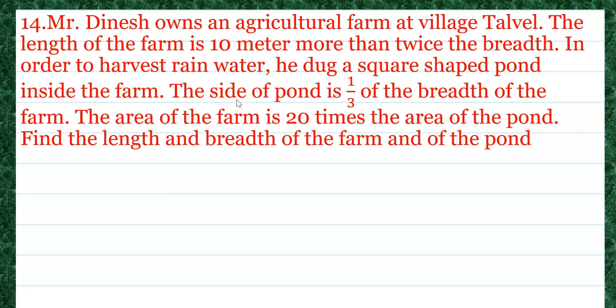The side of the pond is 1/3 of the breadth of the farm. The area of the farm is 20 times the area of the pond. Find the length and the breadth of the farm and of the pond.